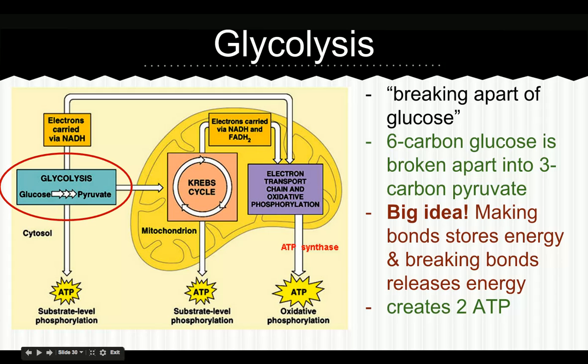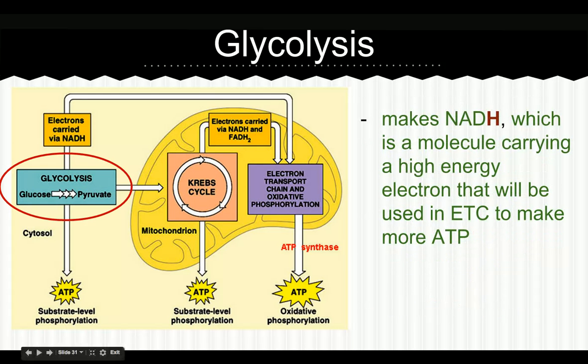So NADH, think of that as kind of being like an energy savings bond. So this is going to be used later in the electron transport chain, which is where this diagram shows that NADH going, to create those 32 ATP, so that real powerhouse part of our cellular respiration.